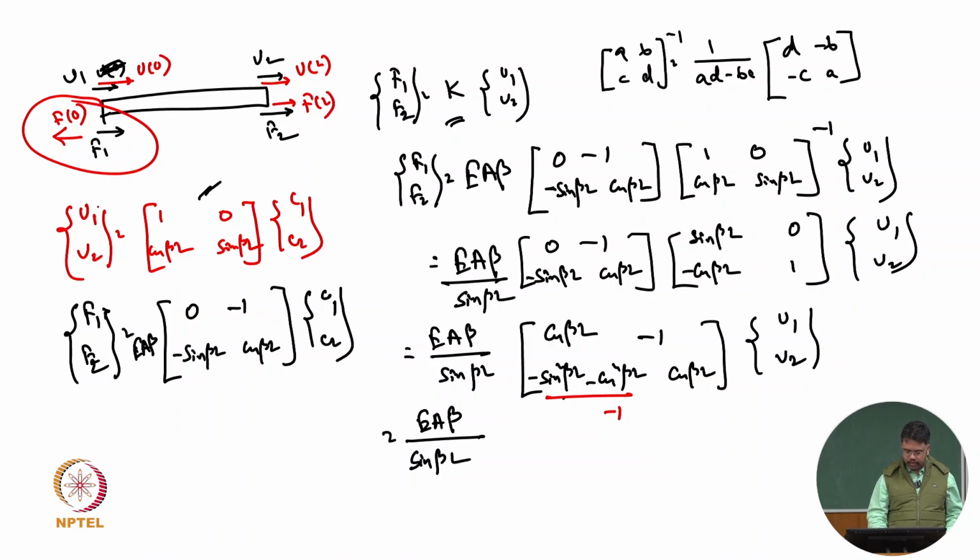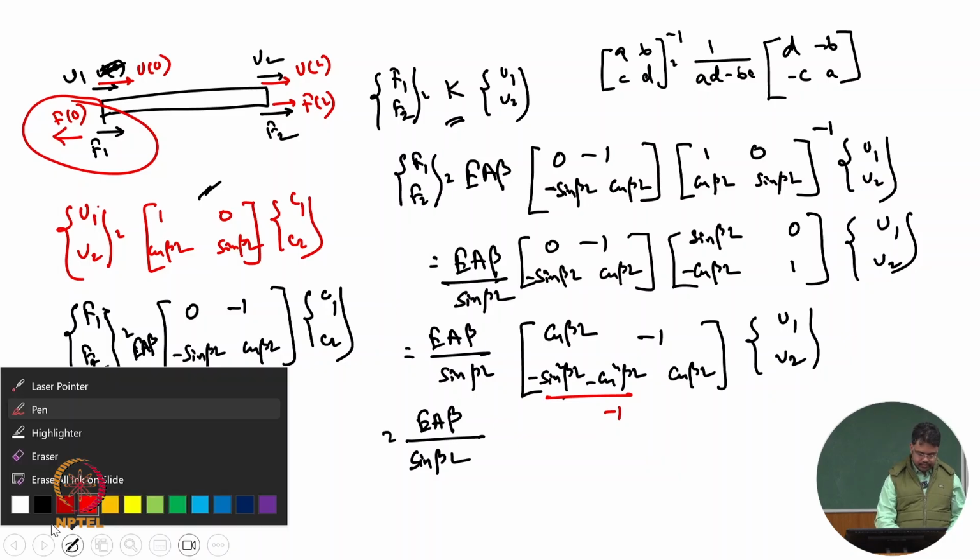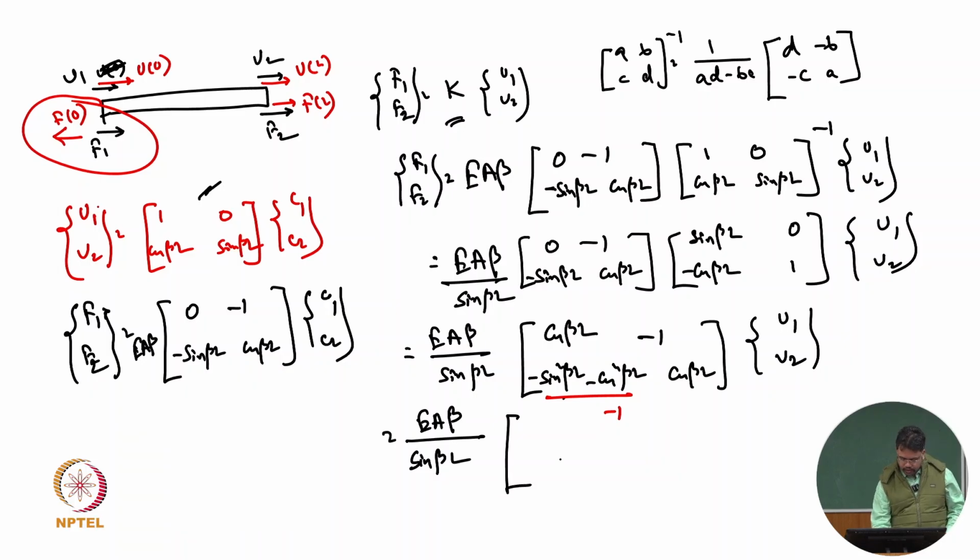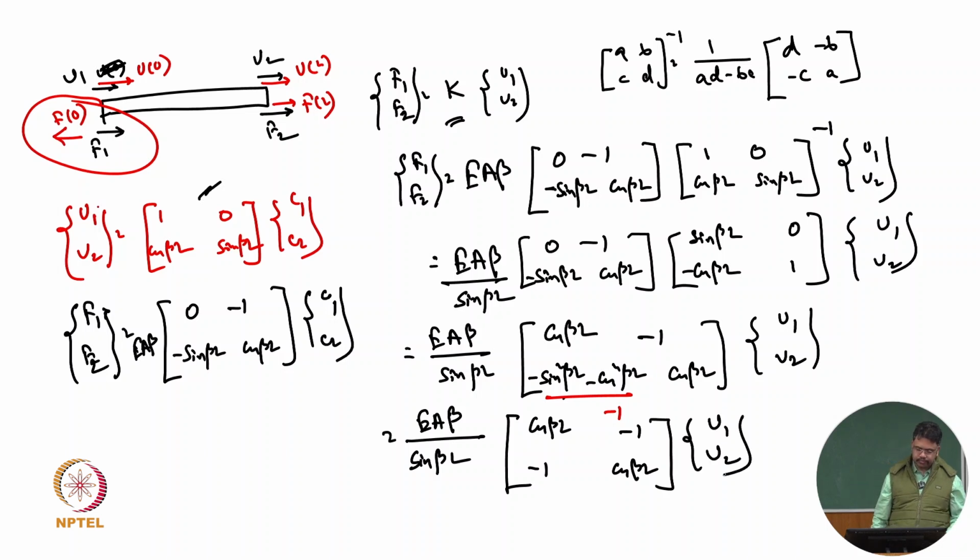Okay. So what can I say? cos beta L, minus 1, cos beta L, u1 u2.